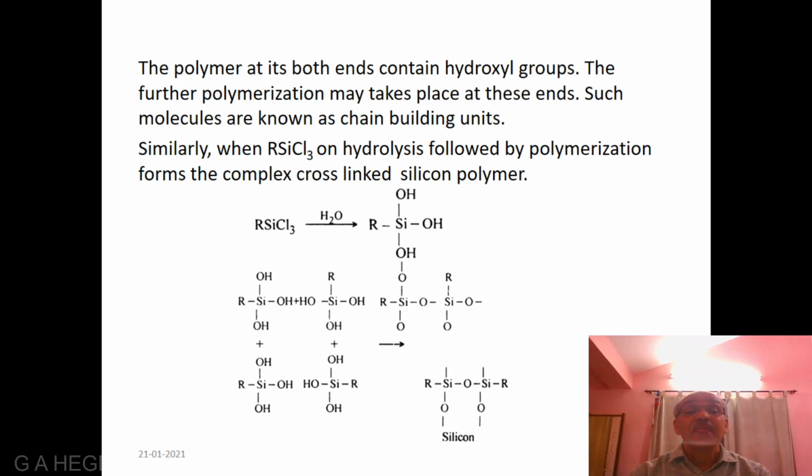The polymer at both ends contains hydroxyl groups. Further polymerization may take place at these ends. Such molecules are known as chain building units. Similarly, when RSiCl3 on hydrolysis followed by polymerization forms the complex cross-linked silicon polymer, and this is the equation.